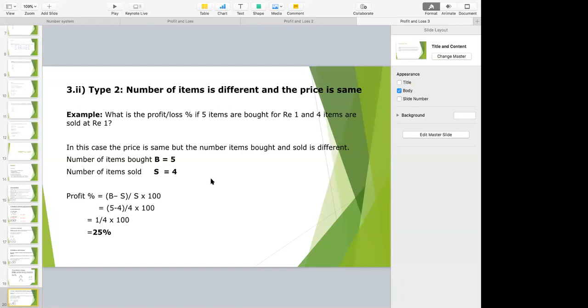If I'm buying 100 items for 200 rupees, the price per unit is only 2, right? But if I'm buying, let's say, 79 items for 200 rupees, the price per unit is 200 by 79, and calculating that is very difficult. So this will save time in such scenarios. Please try to remember the types here.